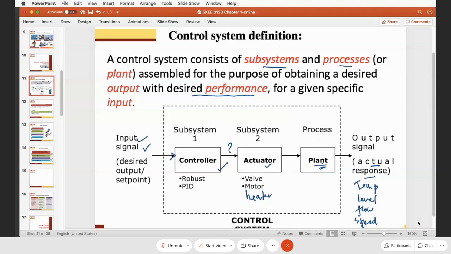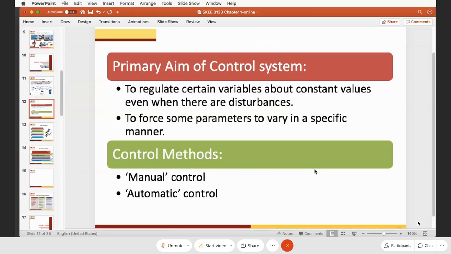And finally, this is your plant itself. All the components involved, we call that process or plant. So this is the component of control system. The basic component of control system. Okay, can you follow? Okay, so maybe actually I've discussed this one.